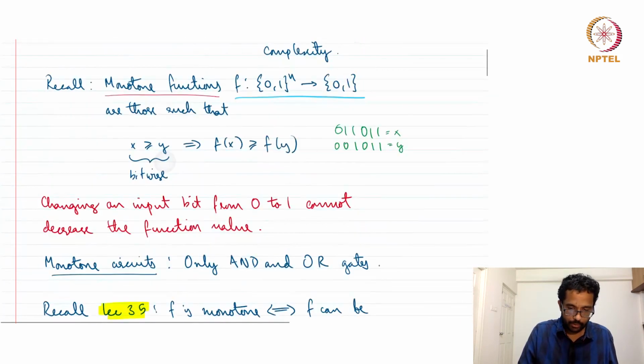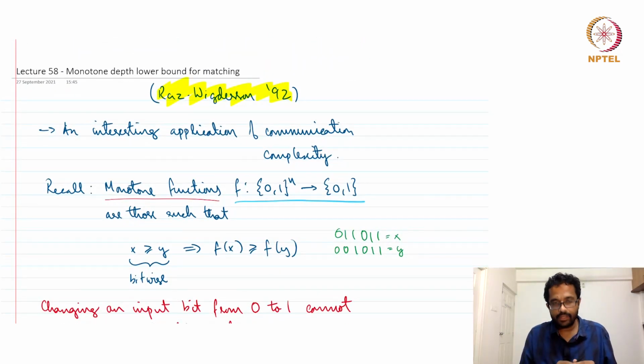Just to summarize what we saw this week, we saw communication complexity, the communication complexity model. Then we saw a bunch of techniques. We saw the protocol tree, we saw the matrix, we saw lower bound techniques such as the bound on the number of monochromatic rectangles.